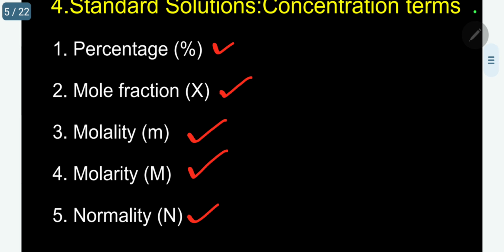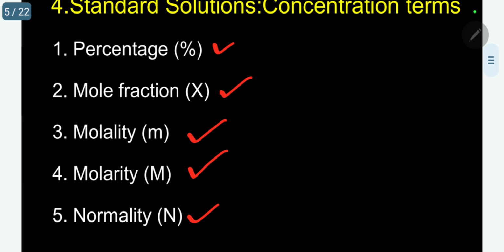You should be very, very careful. Among these, in this case, percentage, mole fraction and molarity will be used, but normality is not at all used in this chapter on solutions.